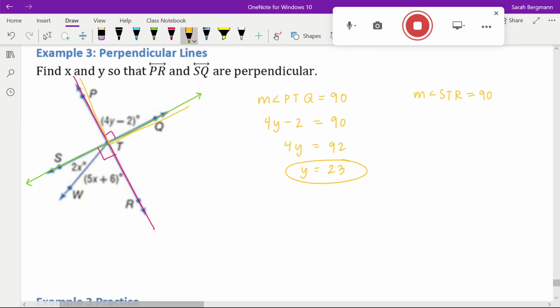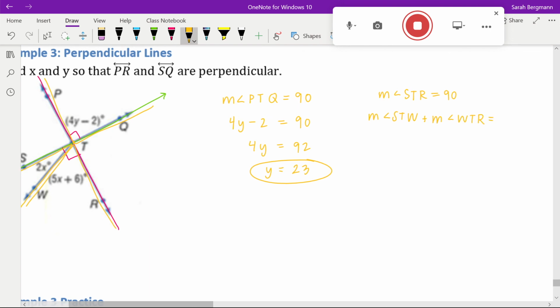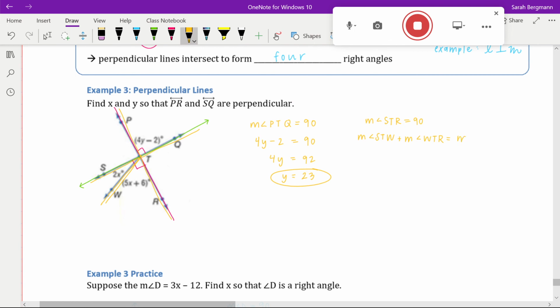On this one, it's a little bit different. Angle STR is split up into angle STW and angle WTR. So I can write this equation, the measure of angle STW plus the measure of angle WTR would have to be equal to the total, the measure of angle STR.